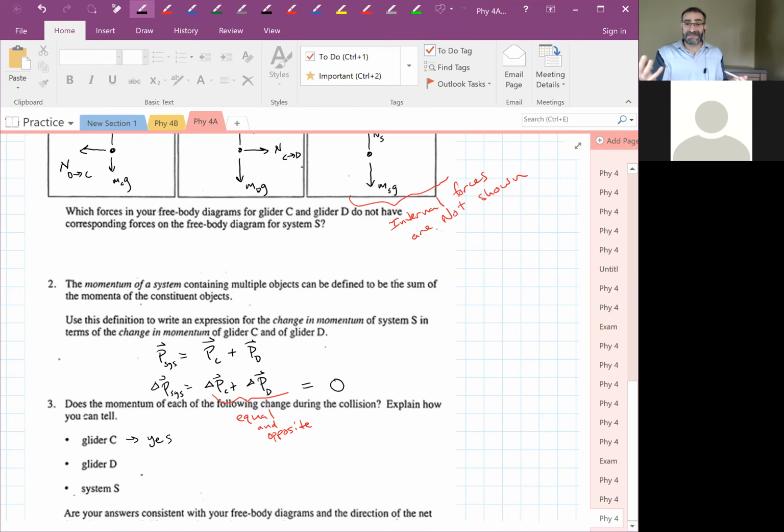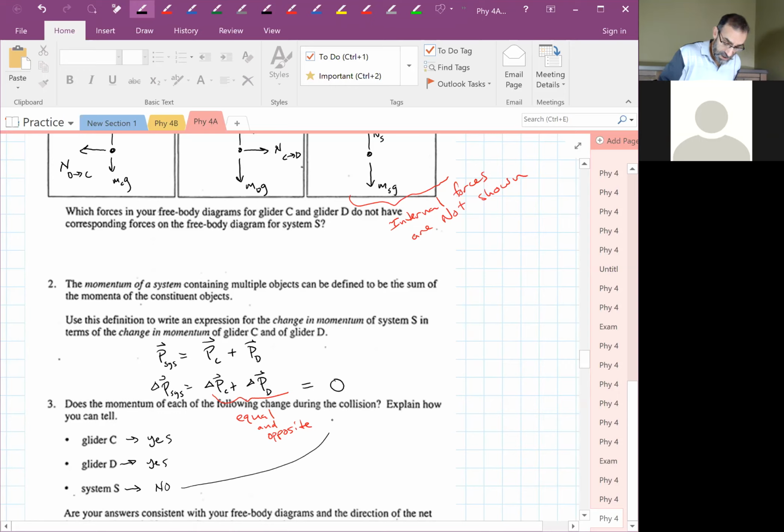Momentum is a vector quantity, so therefore it changed. How about D? Yes, D was sitting there at rest. It got whacked by the other cart, and then it was moving. So it went from 0 to something, so its momentum changed. And the system? No, we just answered it right there, right?